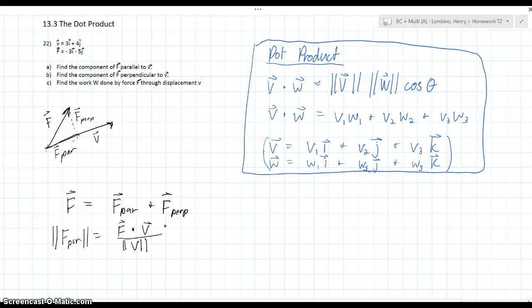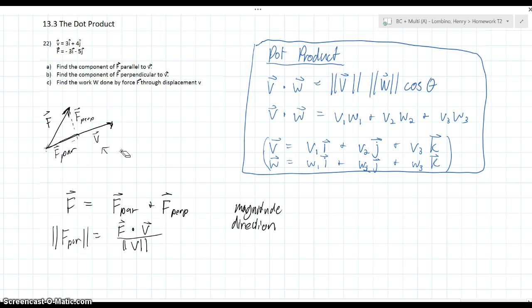And so if we're trying to find the component of f parallel, what does f parallel consist of? Well, we need to find the magnitude and we need to find the direction, because those are the two parts of the vector. So how do we find those? Let's first find the direction. The direction is going to be the same as the direction of vector v up here. It's just not going to have the same magnitude.